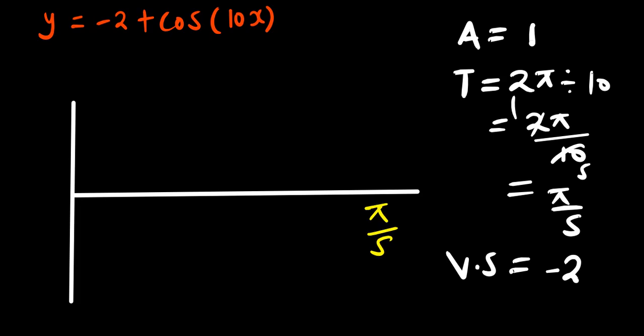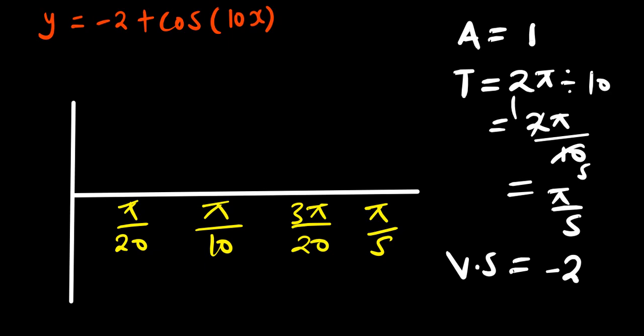Now the half of pi over 5 is going to be pi over 10. Then the half of pi over 10, to find us that point, what are we going to have? We're going to have pi over 20. Then to this, when we multiply by 3, we're going to have 3 pi over 20. We have everything that we need.